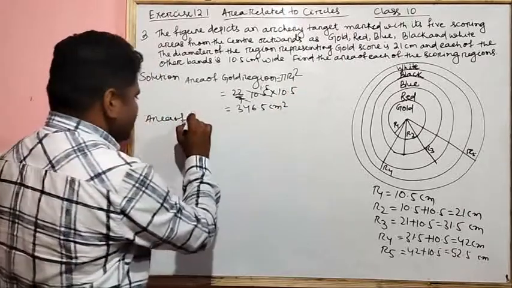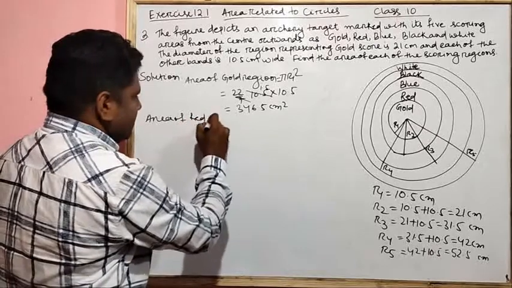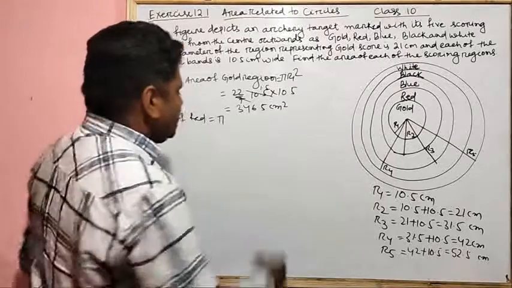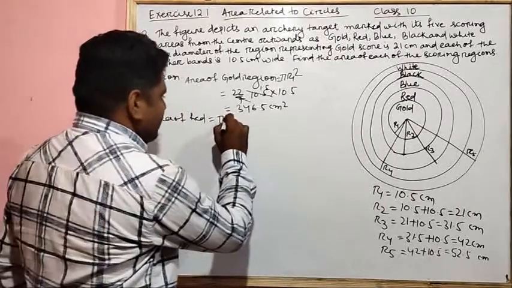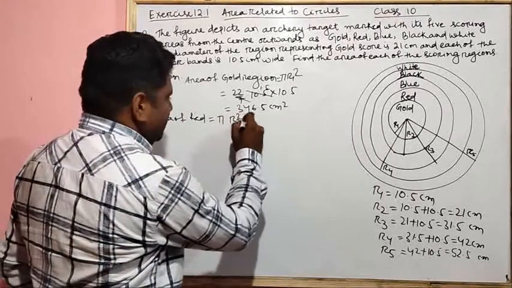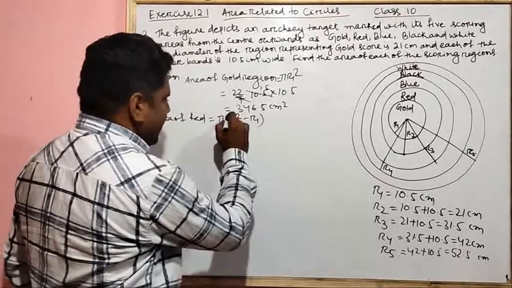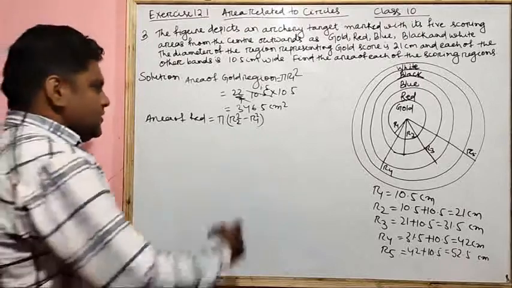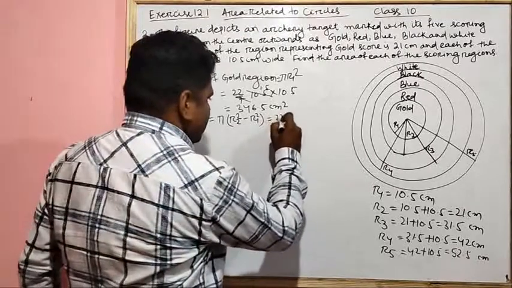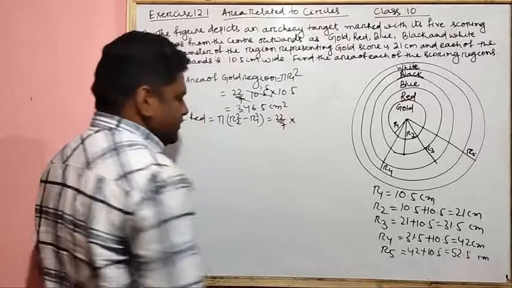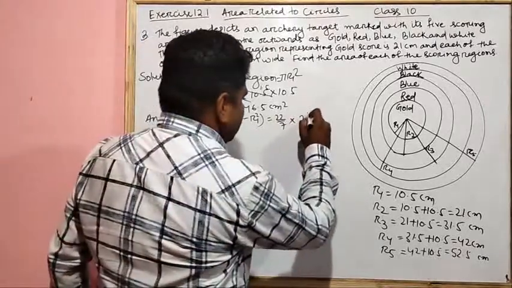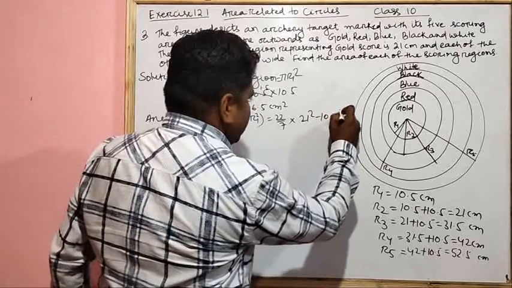Next is area of red region, that is equal to pi R2 square minus pi R1 square, because it is a ring. Taking pi as the common factor, it will be pi into R2 square minus R1 square. Putting the value, we will get 22/7 into R2 is 21 square minus 10.5 square.